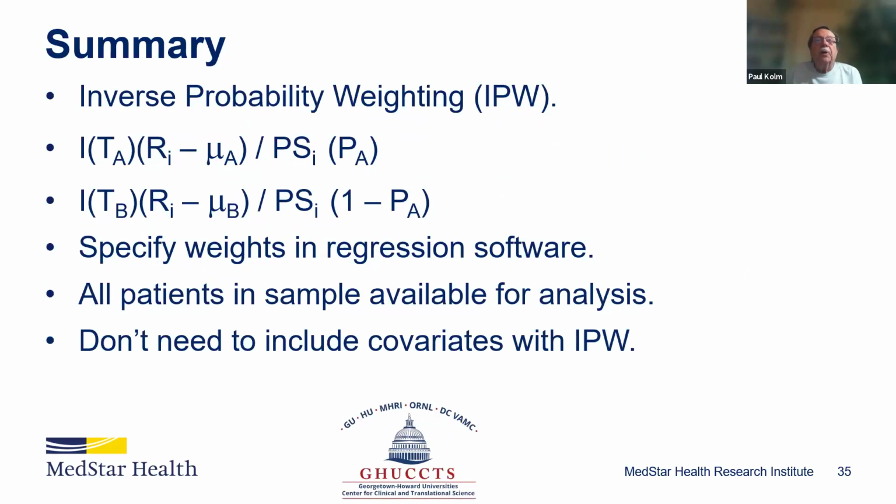However, we can overcome that by using IPW, inverse probability weighting. In the regression analysis, we specify the weights, and in this case, all patients in the sample are available for the analysis.